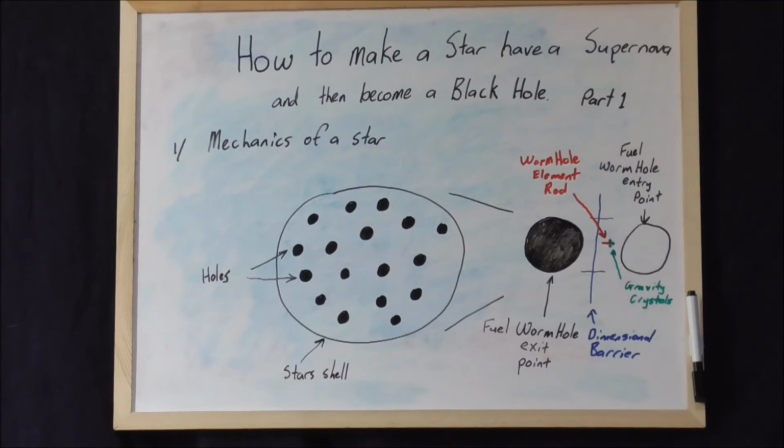The wormhole element rod that is used for this is longer than Earth and has attached to it 48 gravity crystals for our sun, 2 of which are bigger than the moon.